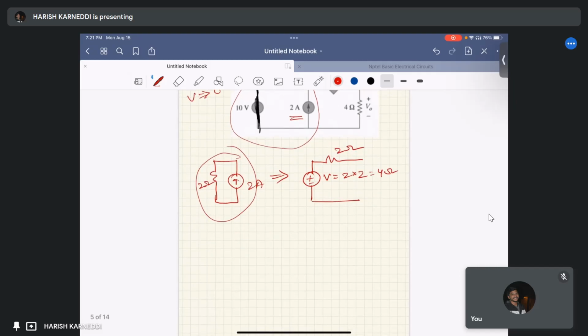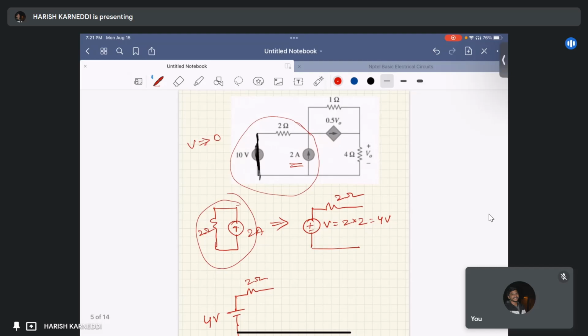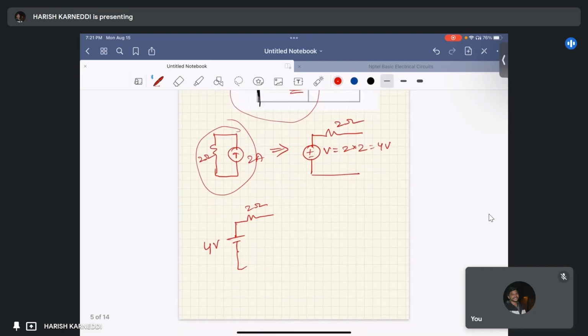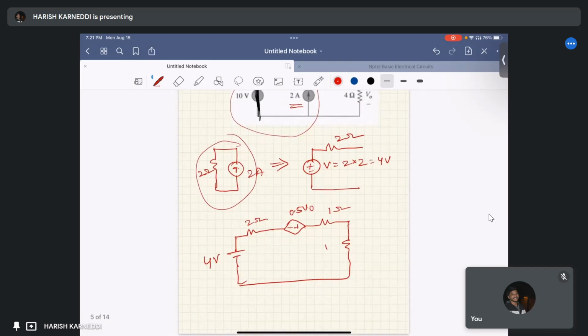We can replace it with 4 volts, 2 ohm, and previously we did the source transformation for this part. We are taking the same thing, so that remains the same: 0.5 V naught, 1 ohm, and 4 ohm.